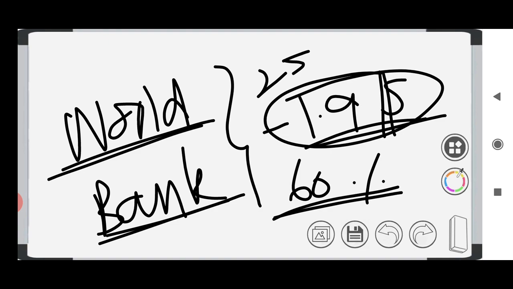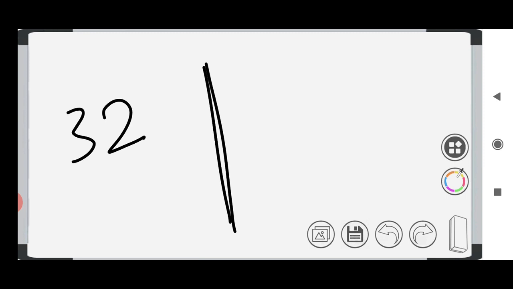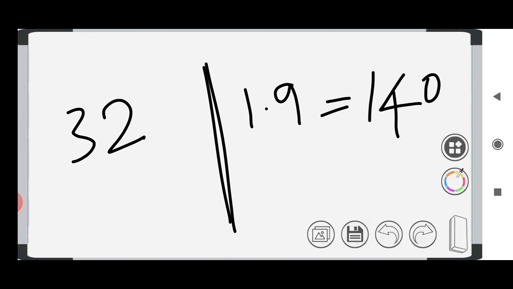That is what was said in Rangarajan committee, and we are still following that. So see the difference. 32 rupees per day in India, which we are saying for rural area, is sufficient to satisfy the basic needs, and the World Bank is saying $1.9, which means approximately $2. Approximately it is around 140 rupees.